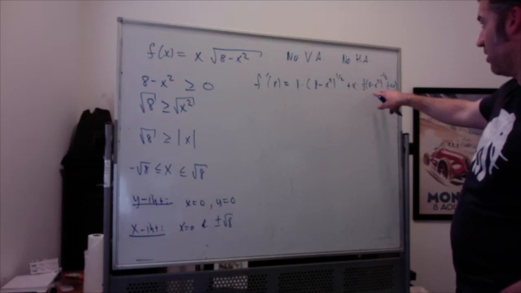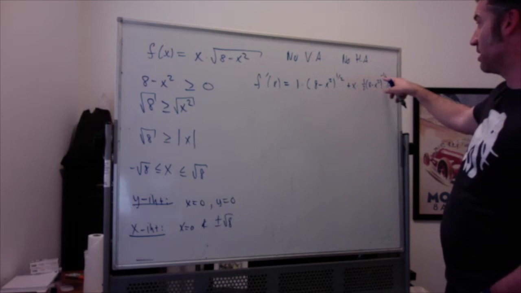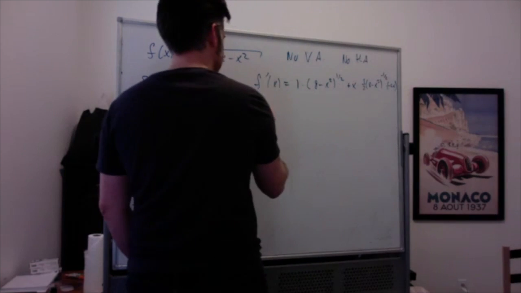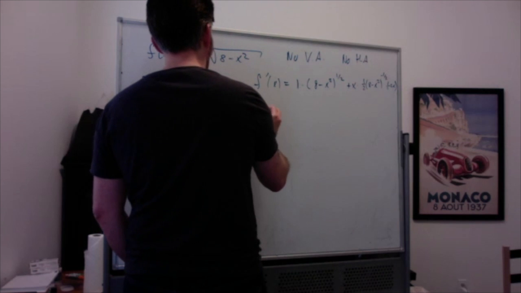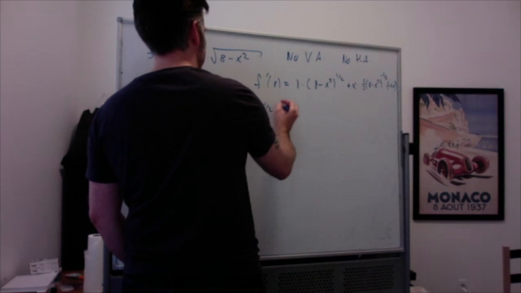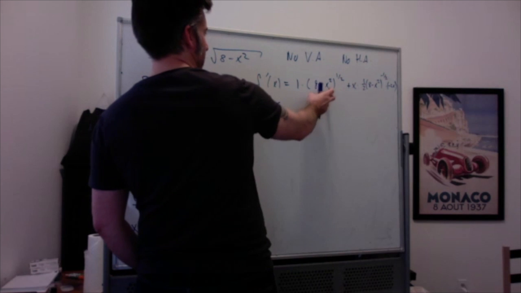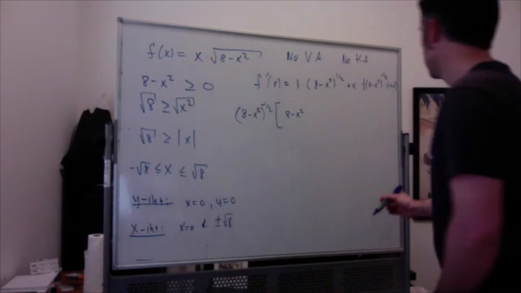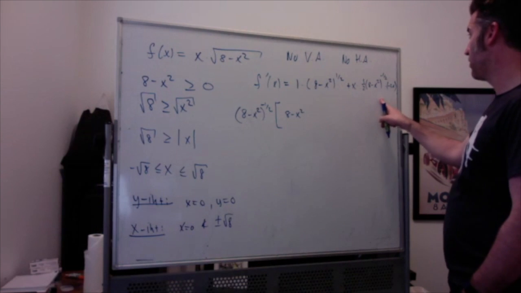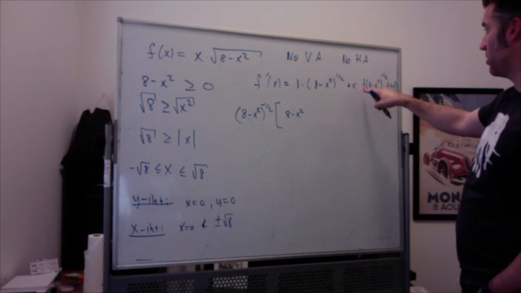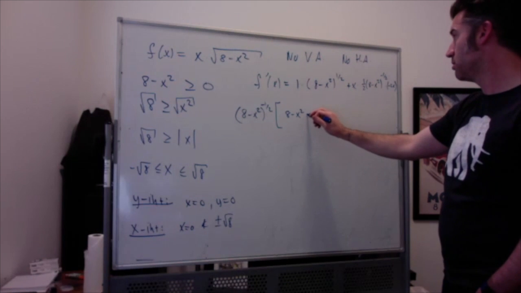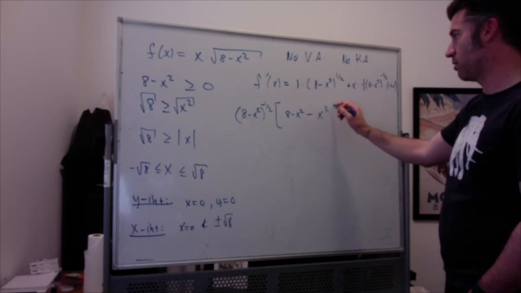So I'm going to factor out an 8 minus x squared to the lesser power, which is the negative 1/2. So I'm going to say this is 8 minus x squared to the negative 1/2 times, so here I'm going to have an 8 minus x squared to the 1. And then here I'm going to have an x times a 1/2 times a minus 2x, which is going to be minus x squared.